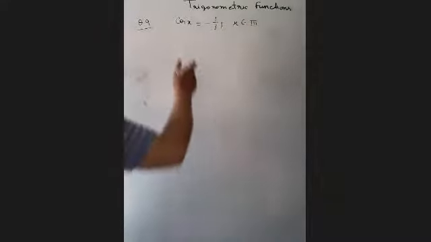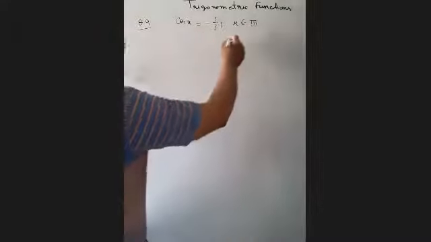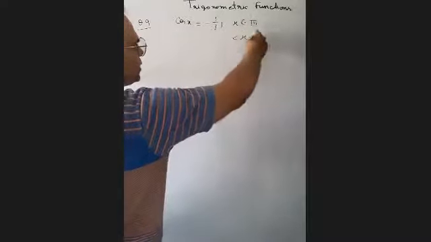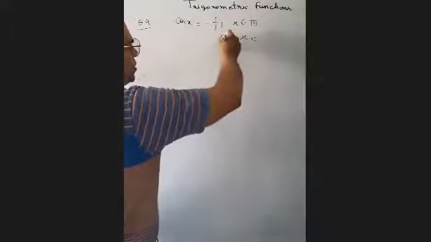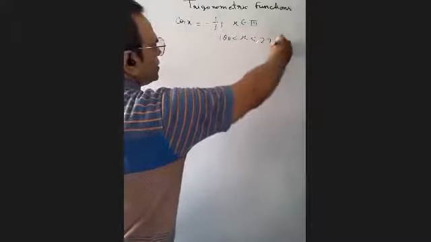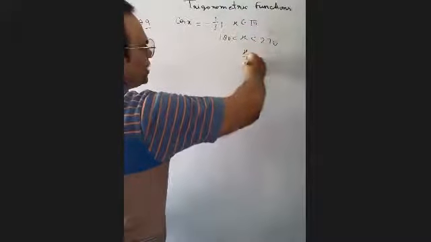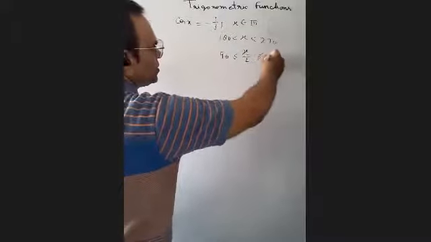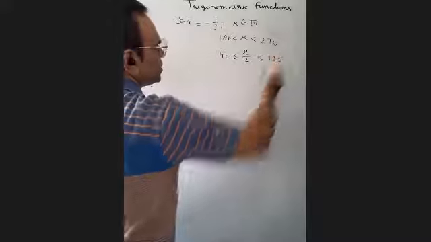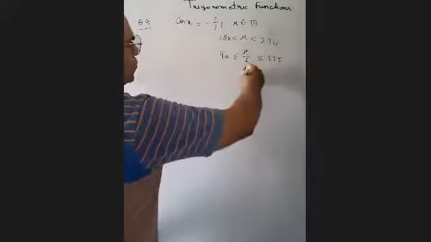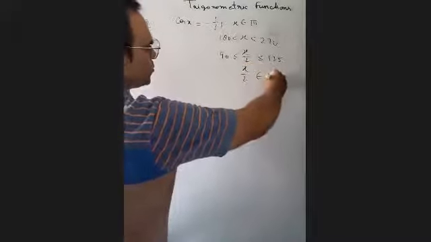First of all, x belongs to the third quadrant, which means it is greater than 180 degrees and less than 270 degrees. Then x by 2 will be greater than 90 degrees and less than 135 degrees, which means x by 2 will lie in the second quadrant.